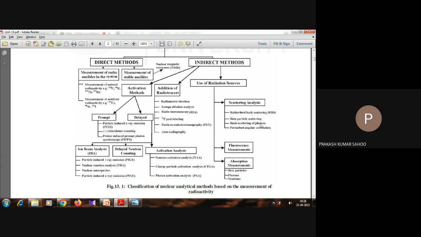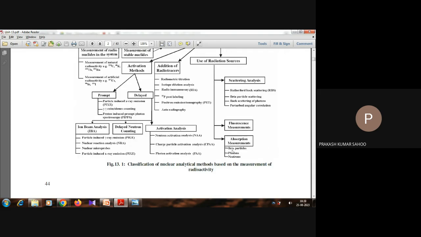Then beta particle scattering is also backscattering of photons. Then perturbed angular correlation. Perturbed means disturbed. Then we have fluorescence measurement, absorption measurement, and beta, photon, and neutron absorption.